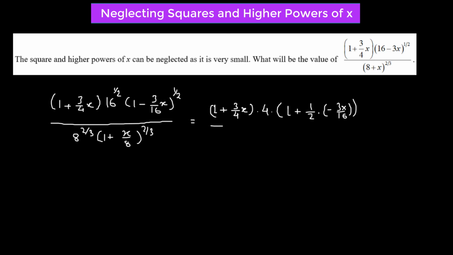divided by 8 can be written as 2 cubed whole raised to the power of 2/3 times 1 plus 2/3 multiplied to x over 8. There will be no raising because we have already taken care of it.